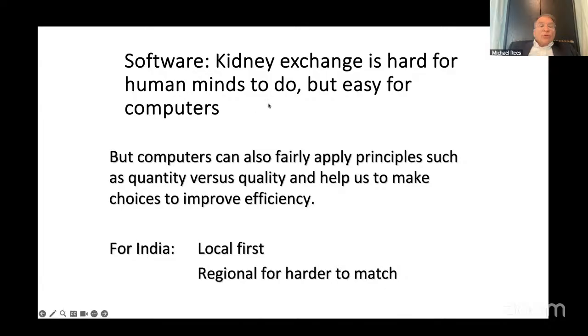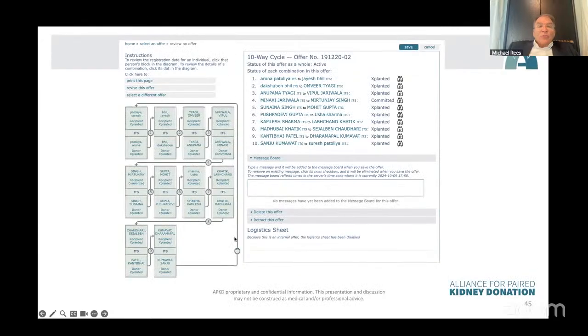Our plan, as we try to help India expand, is to try to do transplants at the local center first, and then for harder to match patients to try to do them at the regional level, maybe even across state boundaries, once we figure out how to deal with the complexities of the authorization committees in different SOTOs. So local first and then regional will be our plan as we expand.